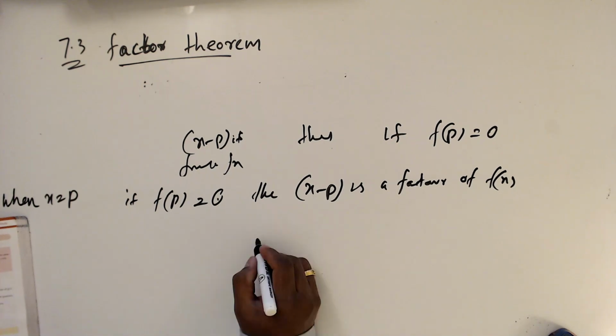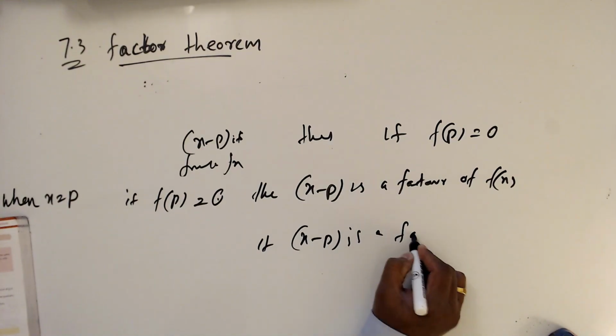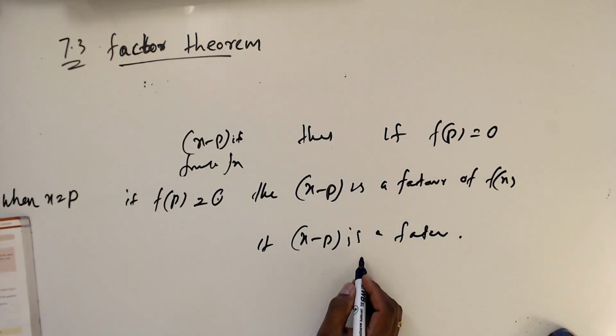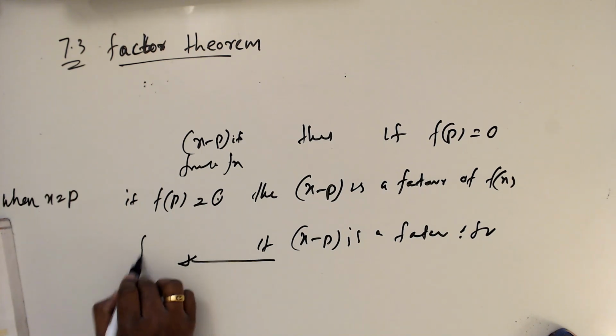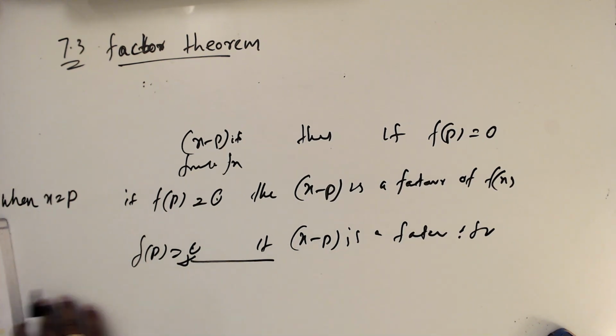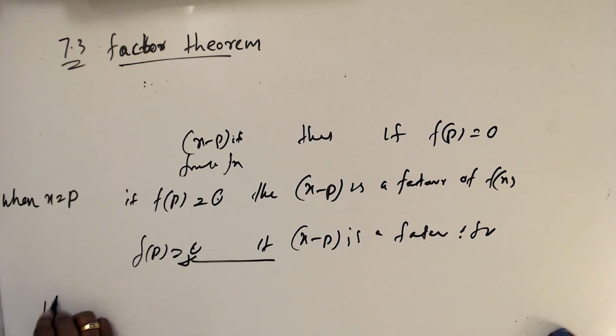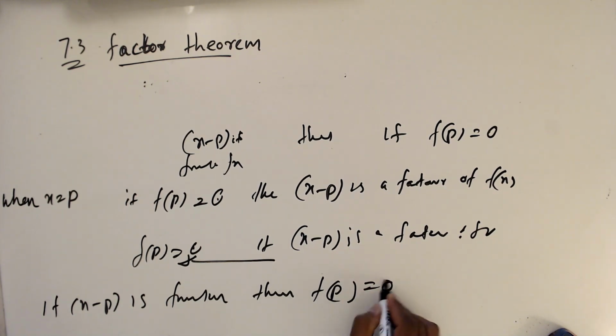In the other way, the book says, the second statement: if x minus p is a factor of f(x), then what can you tell? f(p) equals 0. So I write from left to right. If x minus p is a factor, then f(p) equals 0.